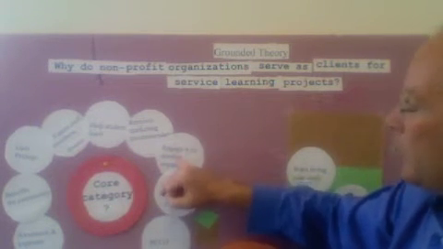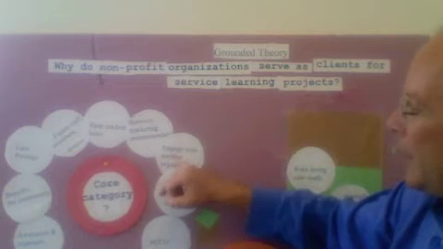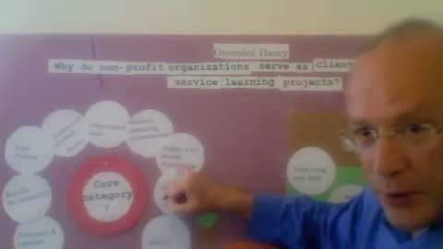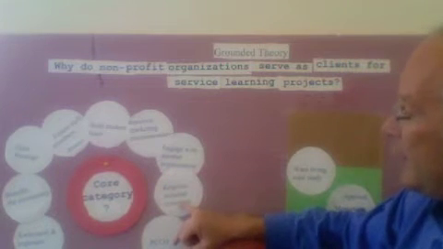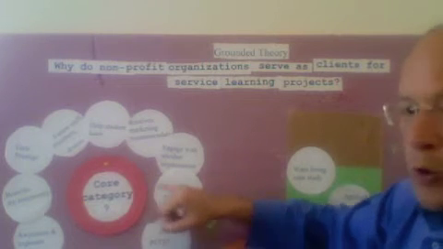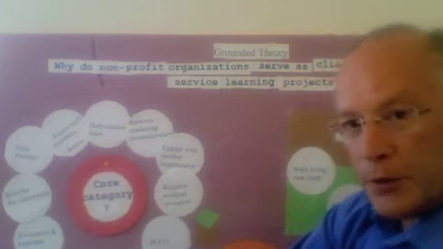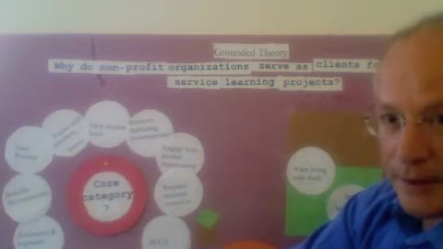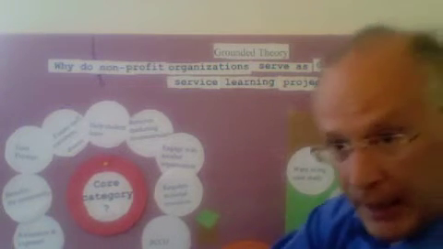They are also motivated to engage with another organization, to access that organization's resources, and the service learning project requires they contribute minimal resources. Minimal staff time is needed, minimal finances are needed, if any.